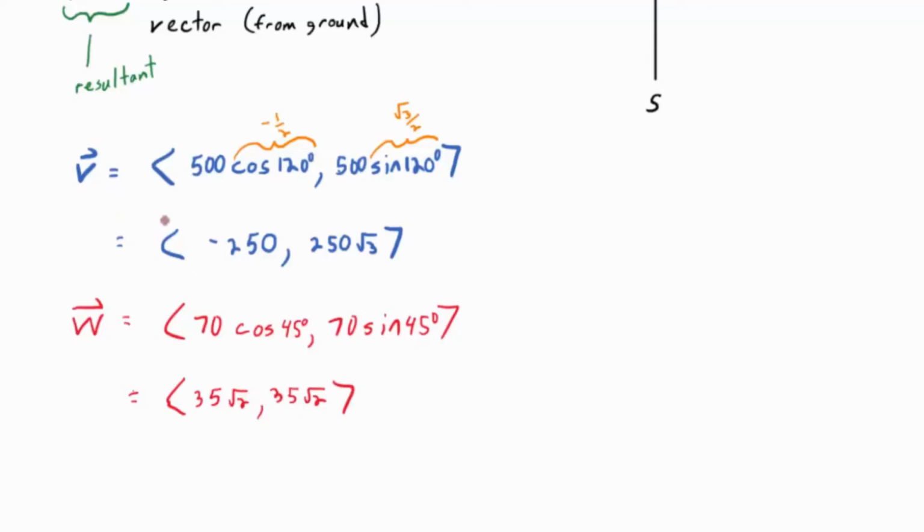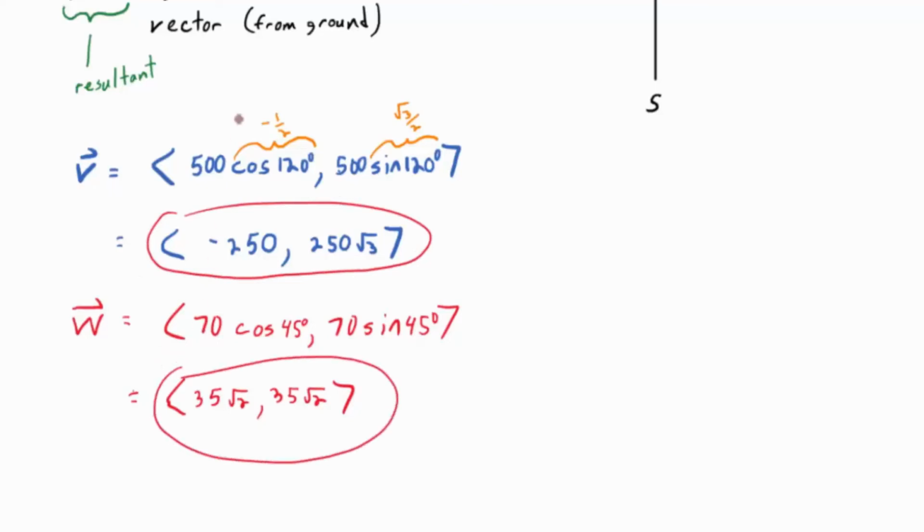Okay, so we've got V, we've got W. Let's go ahead and find the resultant vector, V plus W. And symbolically, we can do it now. So what do you get for the horizontal component? Just add corresponding components.